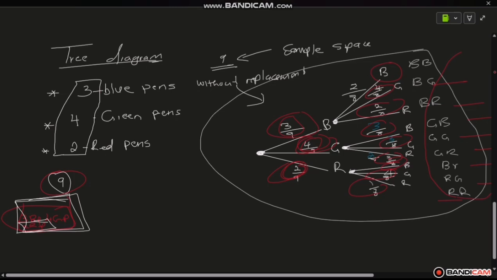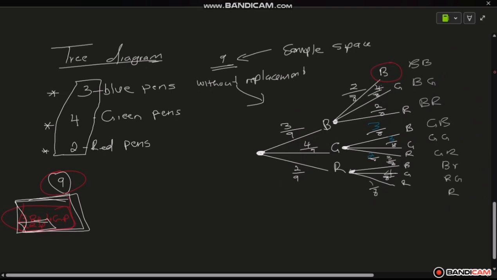Then these answers, you add them, they must give you 1. When they give you 1, just know that your tree diagram is correct. I hope it makes sense. That's very, very important. So the most important thing, know the difference between with replacement and without replacement. Very, very important.